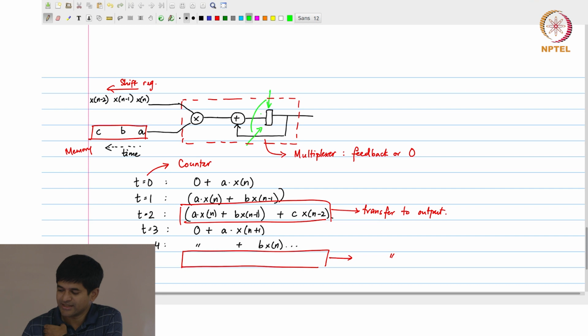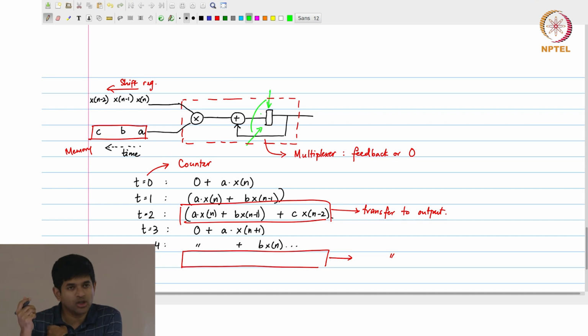Either I just feed back a 0 to the adder at the appropriate time, that is whenever t is equal to 0 or 3 or 6 or something like that, I feed back a 0 as one of the inputs to the adder, and automatically it will update the register correctly at the end of that clock cycle. Or I could reset the register explicitly.